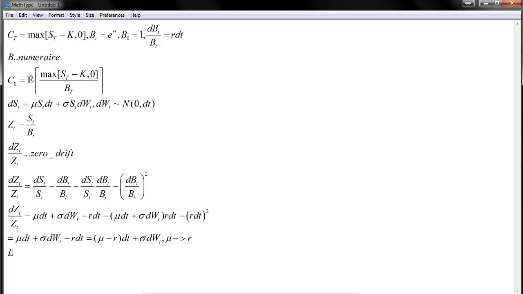Girsanov transformation says that we have some process L_t, which is equal to some kind of exponential defined as the integral from 0 to t of some function phi times the Wiener process dW_s, minus the integral from 0 to t of the same function squared times ds.